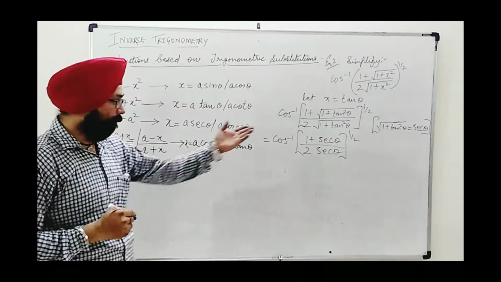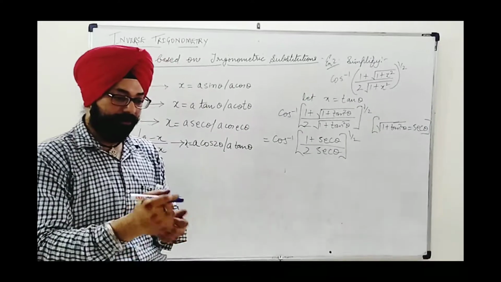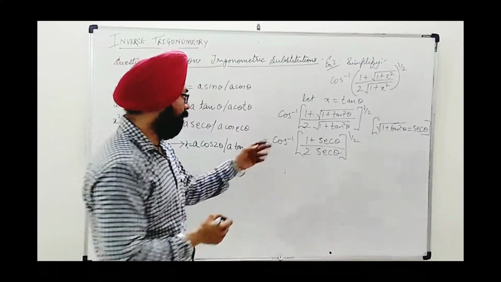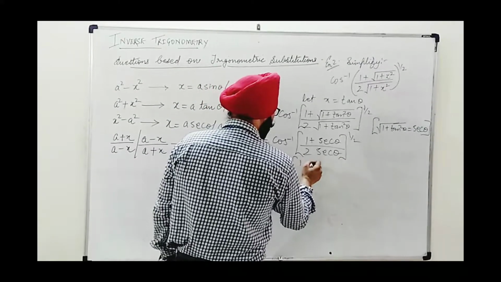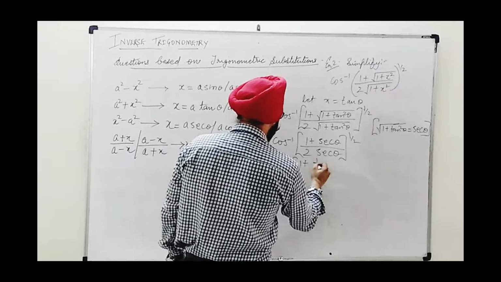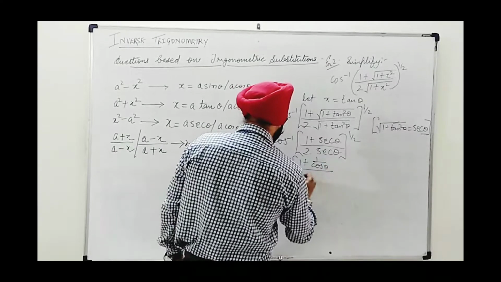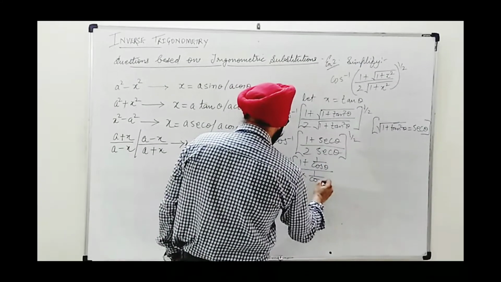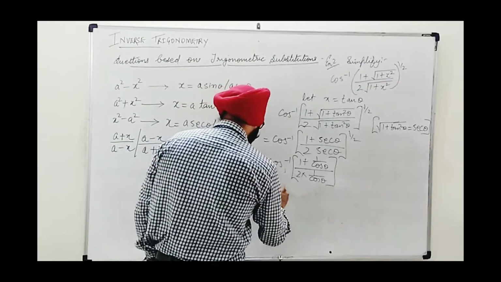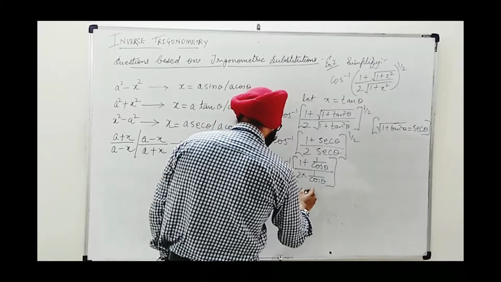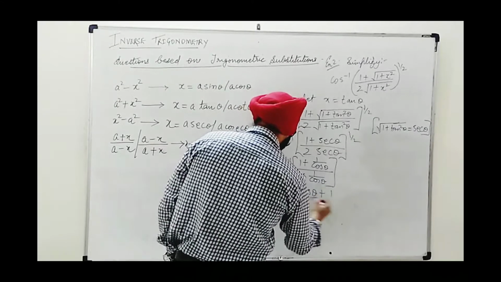Now to simplify, as I said recently, students are friendly with sine and cos. Converting in terms of sine and cos, we find cos inverse of (1 plus 1 upon cos) upon (2 into 1 upon cos). Taking LCM and simplifying, we have cos inverse of ((cos theta plus 1) upon 2).